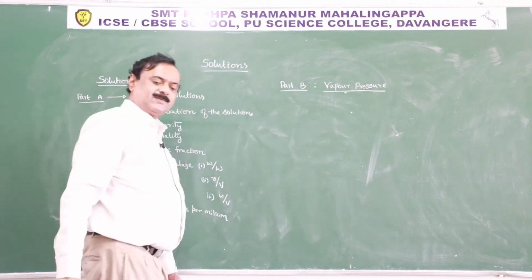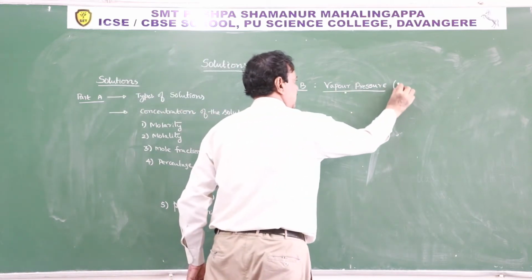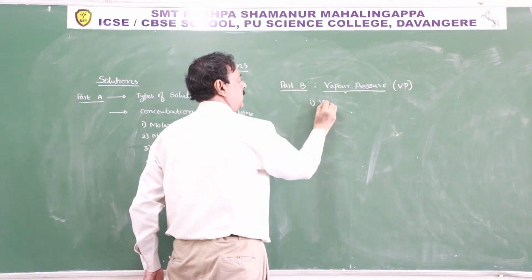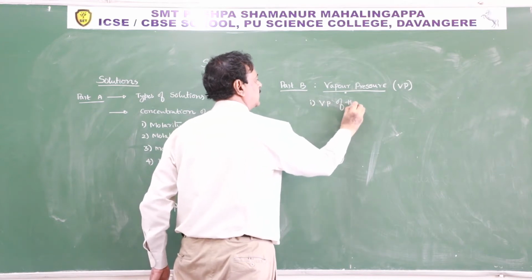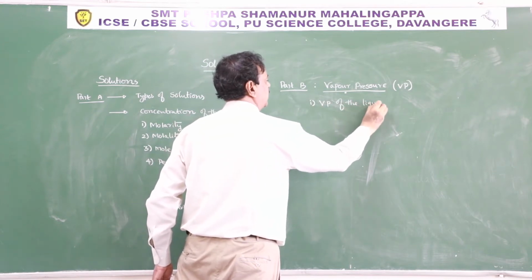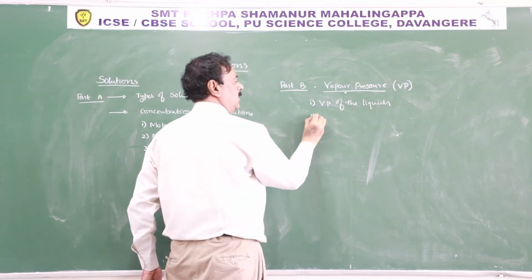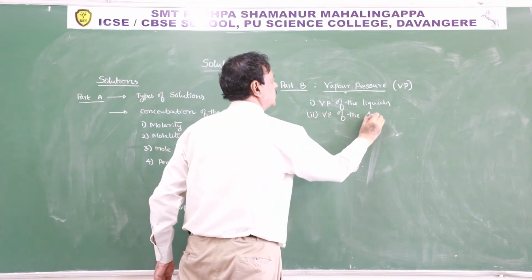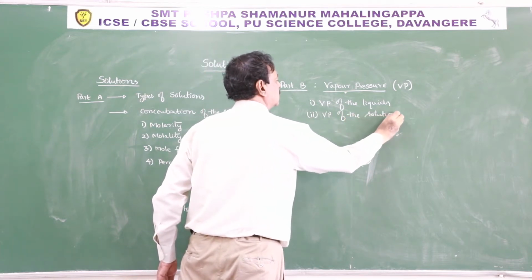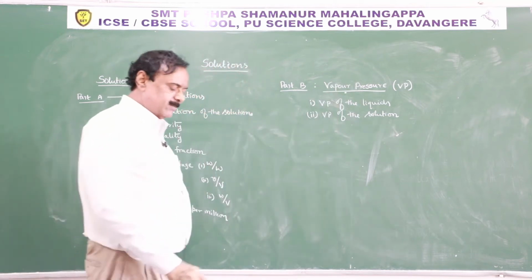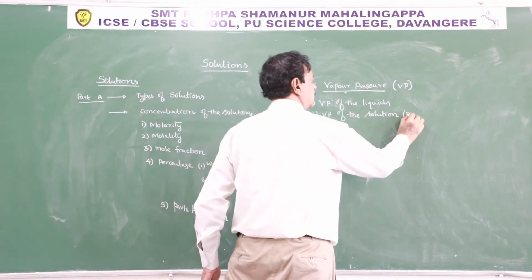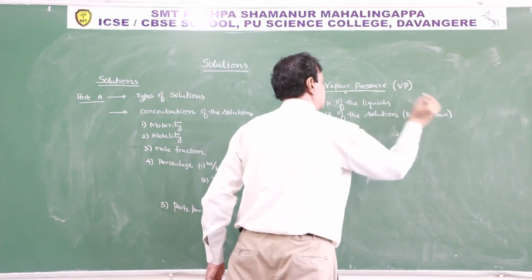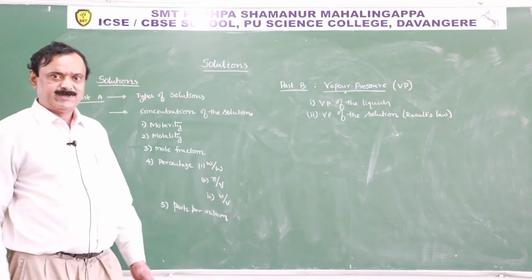In this, vapor pressure is represented by Vp. We have the vapor pressure of liquids and the vapor pressure of solutions. Here it is based upon Raoult's law. Very important: Raoult's law and its applications and limitations.